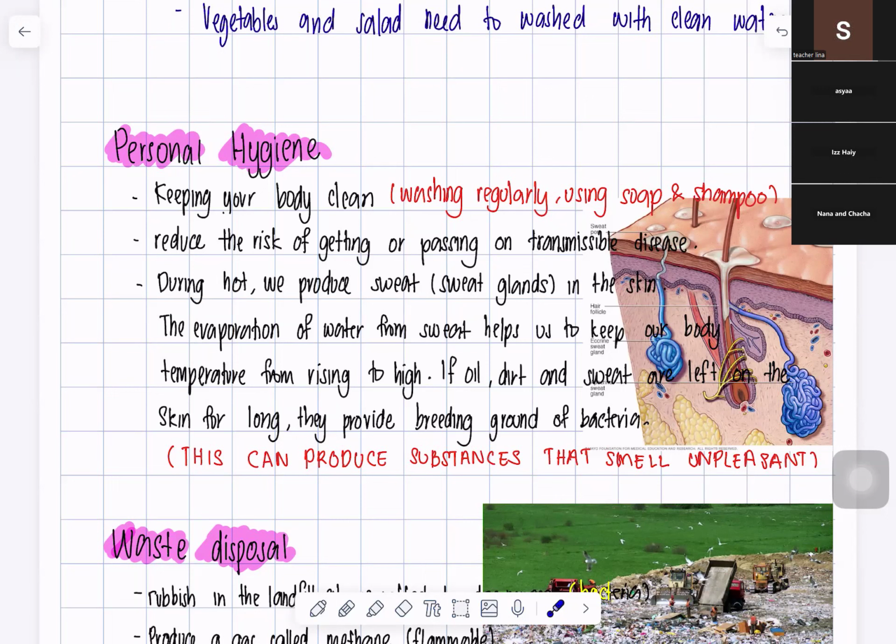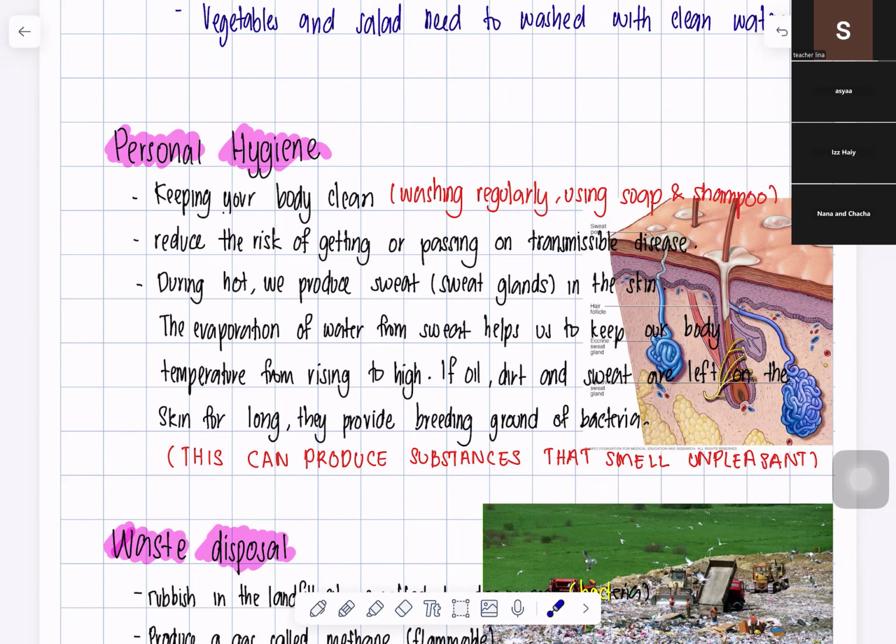It prevents growth of bacteria. It's difficult to penetrate because the skin is tough, and it produces sweat.